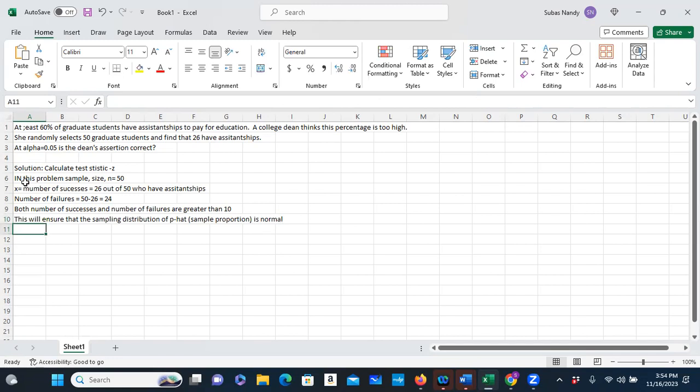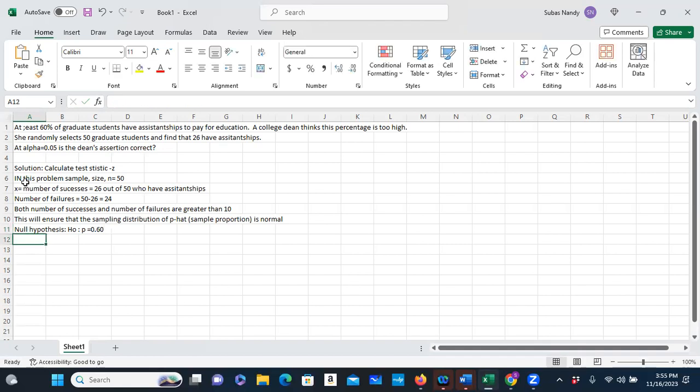Now, our null hypothesis, H sub 0, is P, the population proportion, equal to 0.60. So H sub 0 is P equal to 0.60.